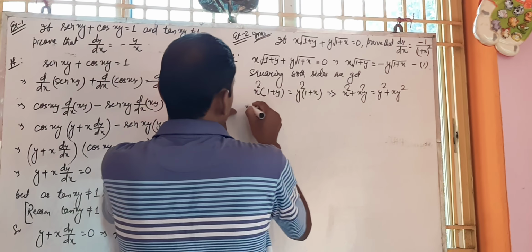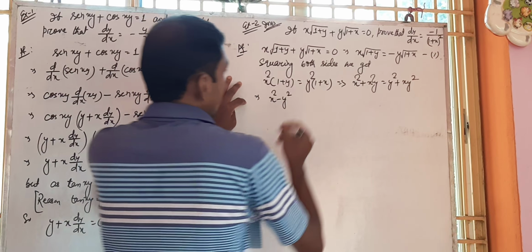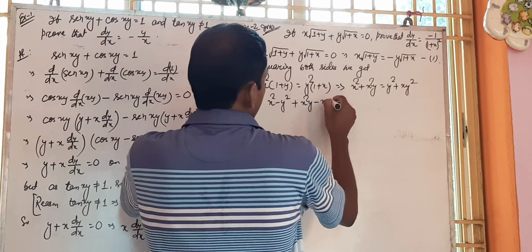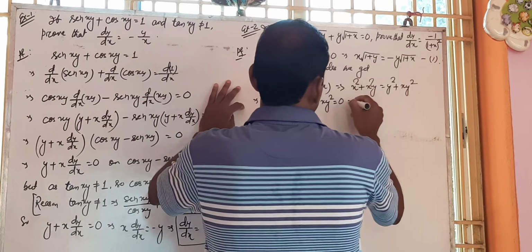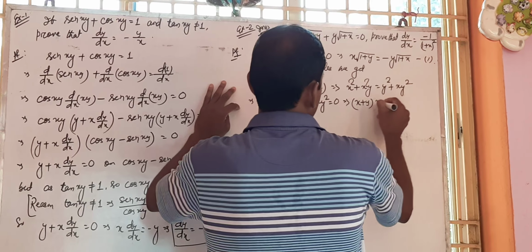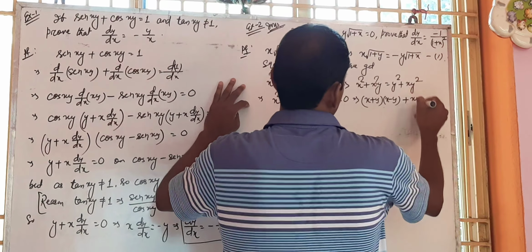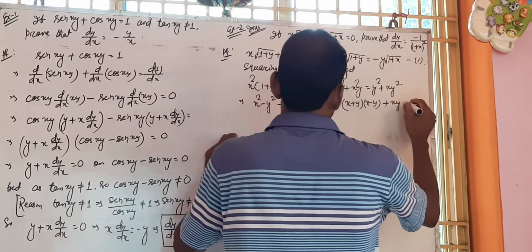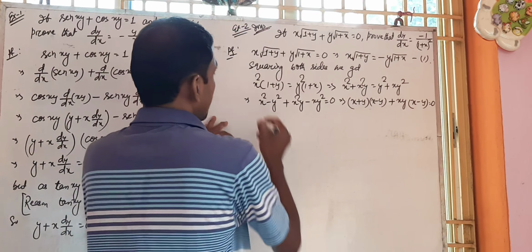Now bring all the terms to left hand side, so it is x square minus y square plus x square y minus xy square equal to 0. Now x square minus y square is x plus y into x minus y, plus from last two terms xy is common, so taking xy common, it is x minus y equal to 0.